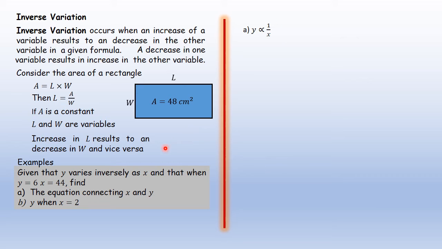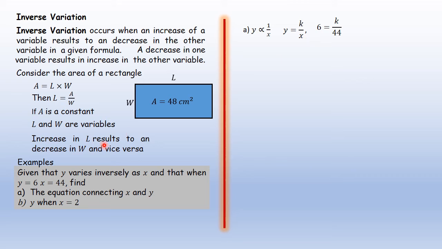In other words, we have y varying inversely as x, therefore it means 1 over x. And so please notice that the other variable is a denominator, not a numerator like it was in the case of direct variation. So this is how you begin with the question. Then you move on to the next step where you just replace the proportionality sign with an equal sign and k, like this: y is equal to k over x.